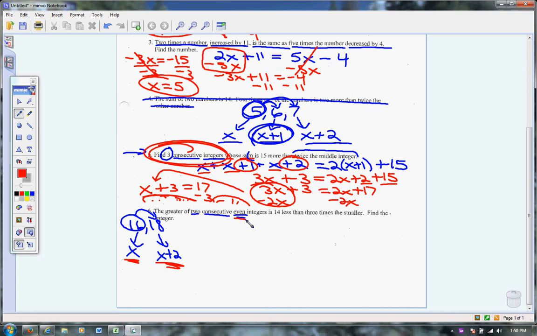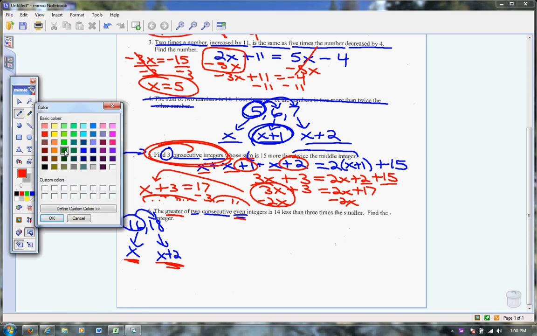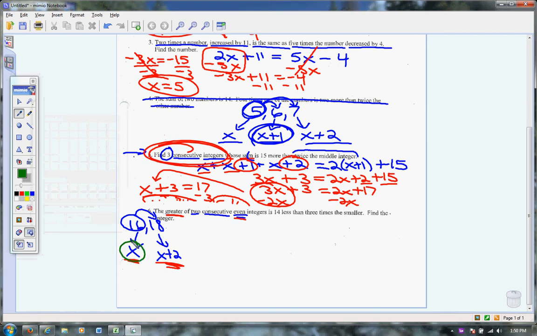So the problem says the greater of 2 consecutive even integers. Well, which one of these 2 is bigger? X or x plus 2? Okay, this is the bigger one. So we're going to use x plus 2. The greater, and look at all those words that we've just taken out now.